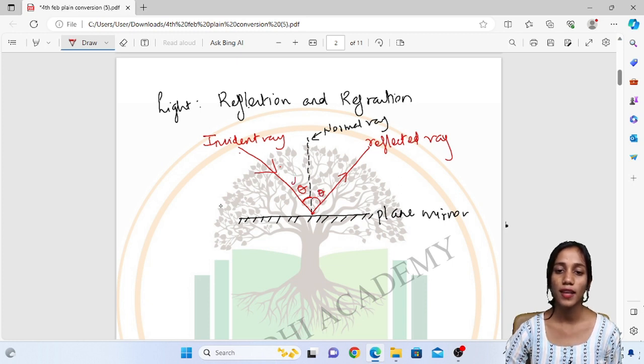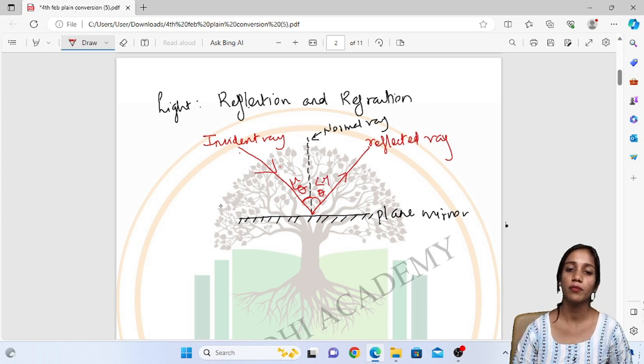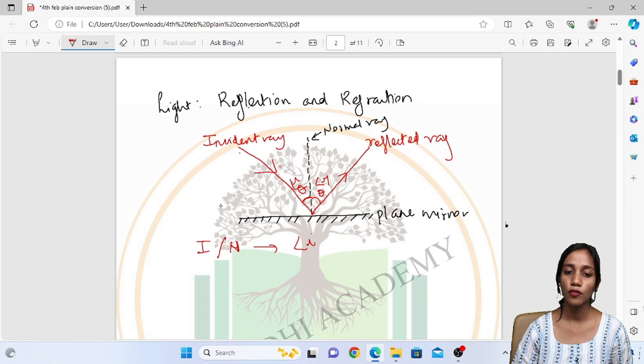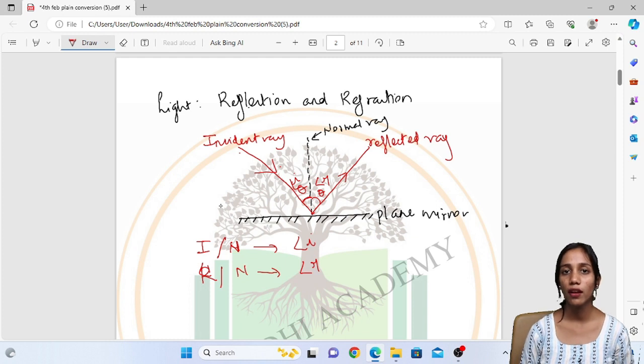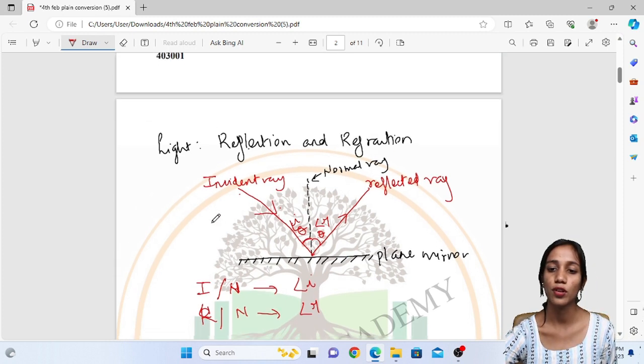This is called the angle of incidence and this is called the angle of reflection. So the angle formed by the incident ray and the normal ray is called the angle of incidence, and the angle formed by the reflected ray and the normal is called the angle of reflection. So we have two angles over here and two types of rays.